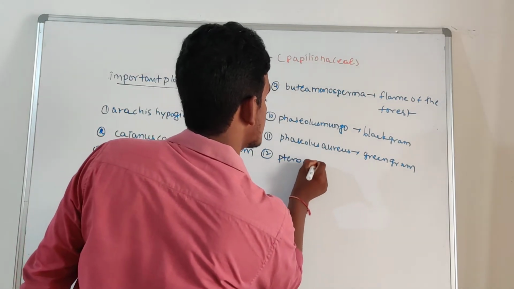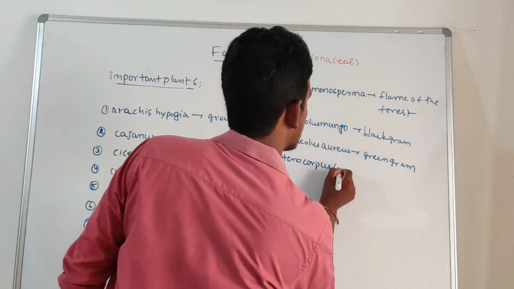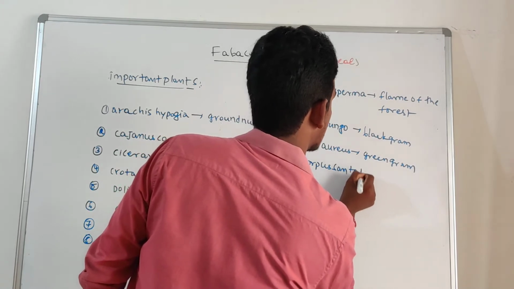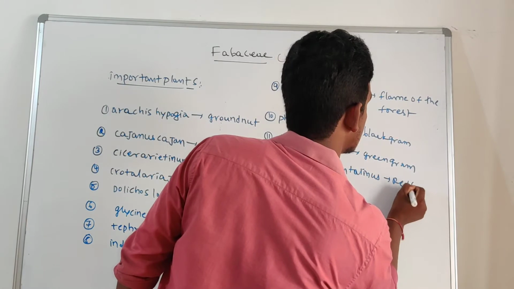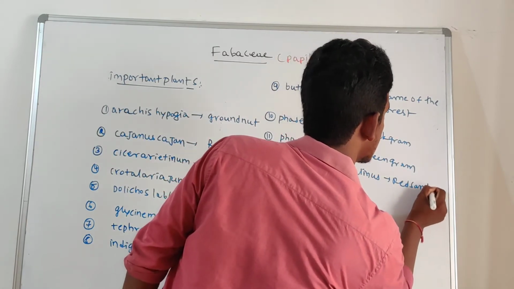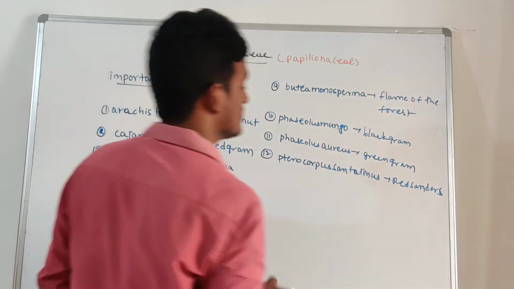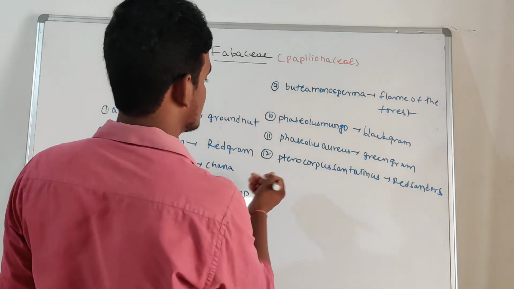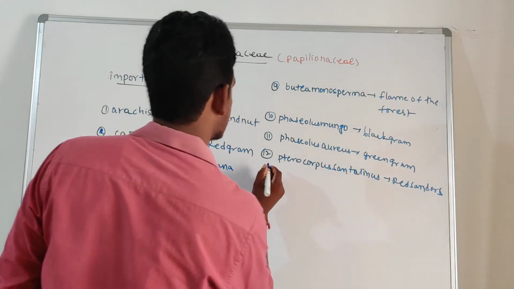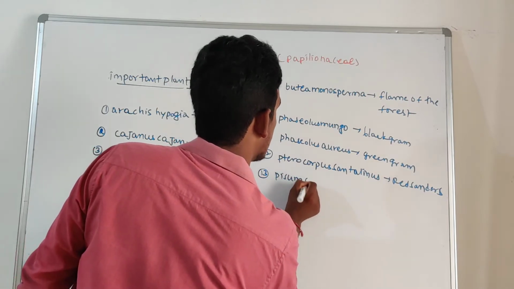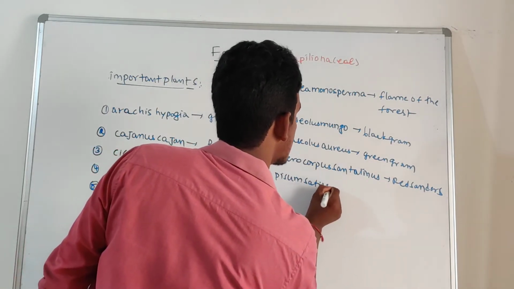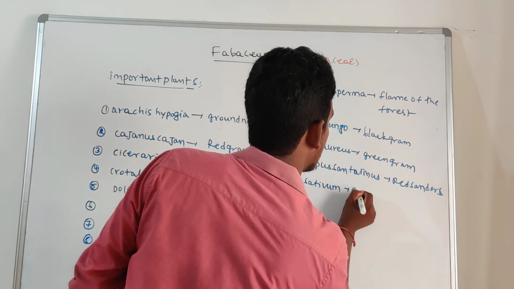Pterocarpus santalinus, red sanders. We are using it as furniture wood, extracted from the plant. And next, Pisum sativum, garden pea.